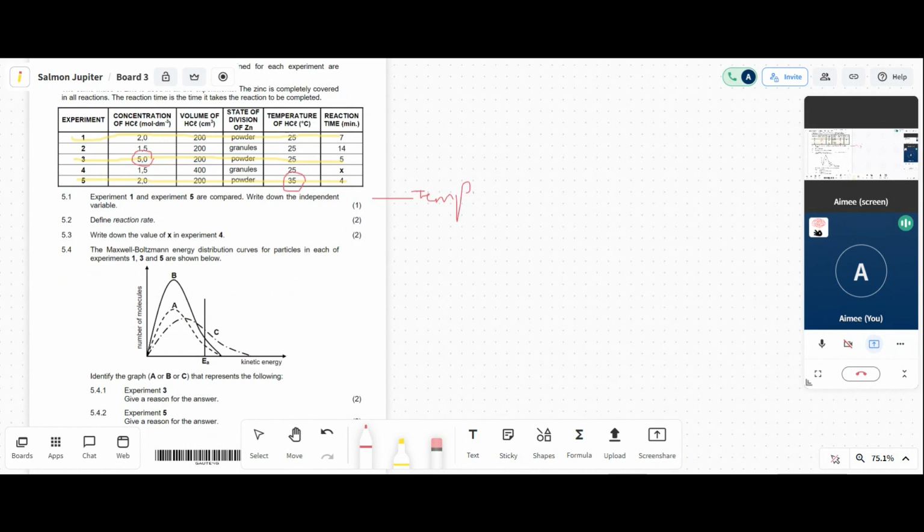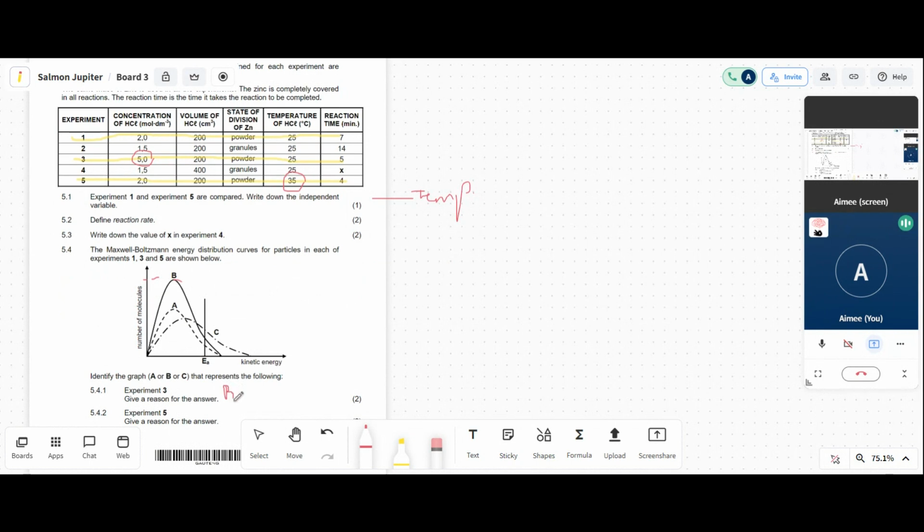Concentration is directly proportional to the amount of substance that I have, otherwise known as the number of molecules. So experiment 3 is obviously going to be the graph that shows the highest number of molecules. Which one peaks? Which one has the most molecules?